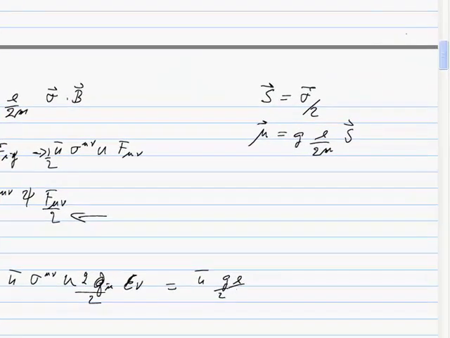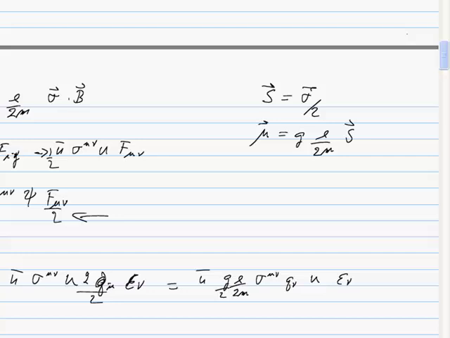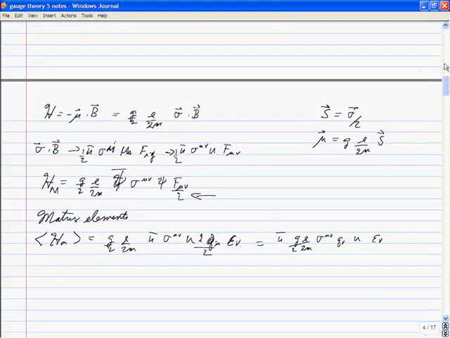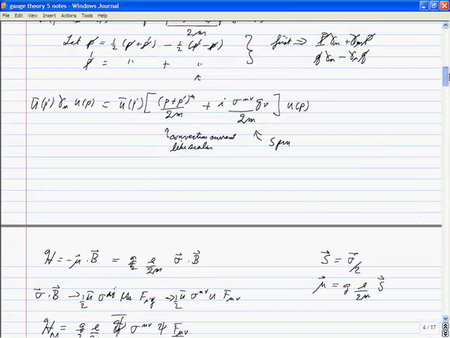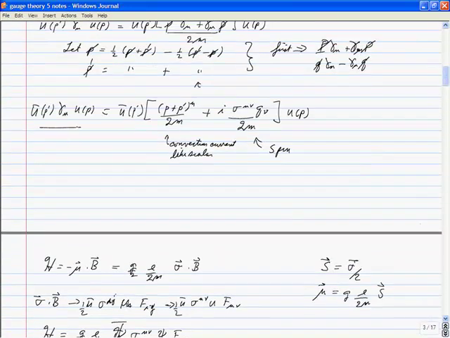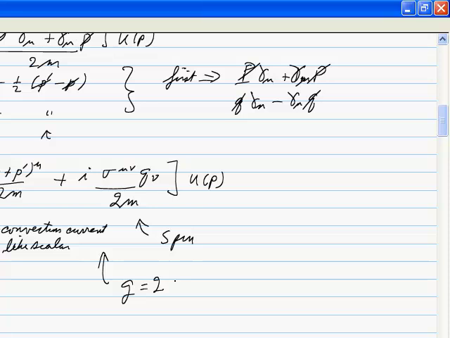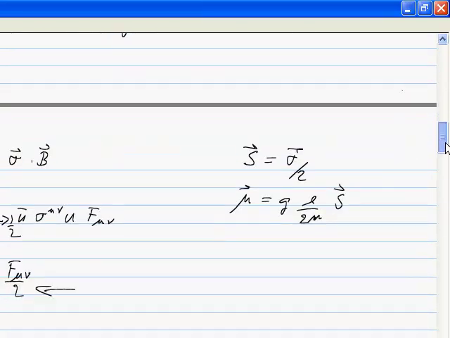Becomes g over 2, e over 2m, sigma mu nu q nu, u times the external field, epsilon. So that, with our usual current with the gamma mu, gives you g is equal to 2 for the spin factor.